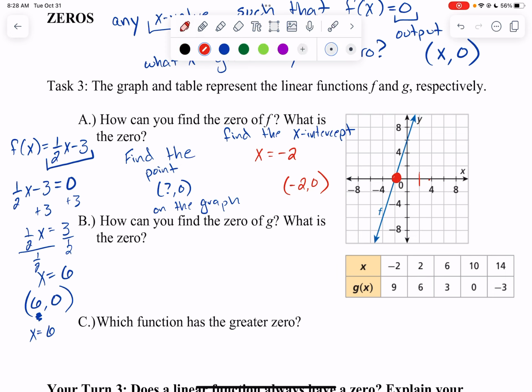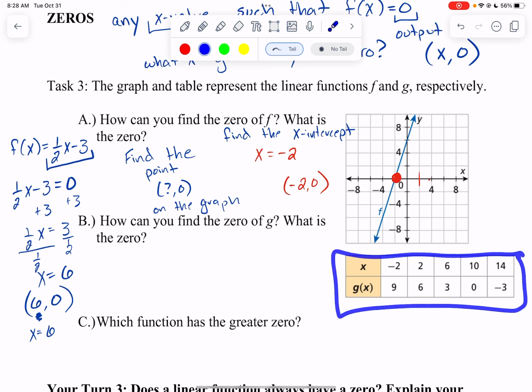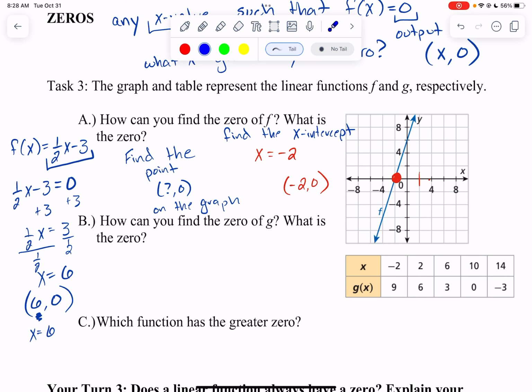Next, we have a function g, which is a table. We want to find the x-intercept, the 0, from the table. I'm looking for what input gives me an output of 0. So basically I just try different inputs until I get an output of 0. How can you find the 0 of g?